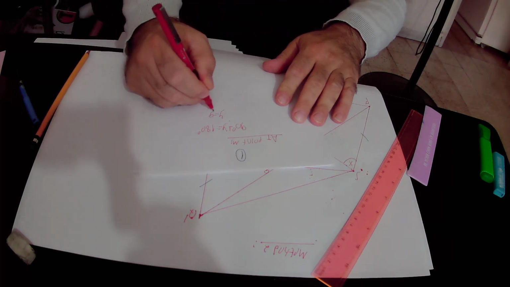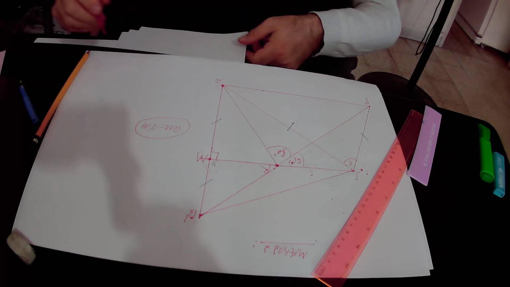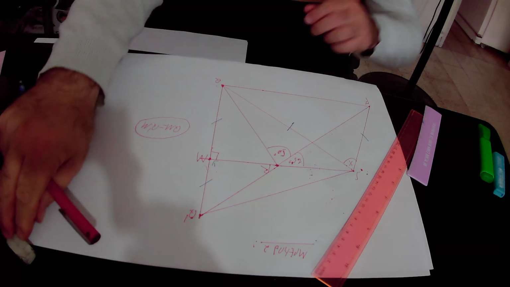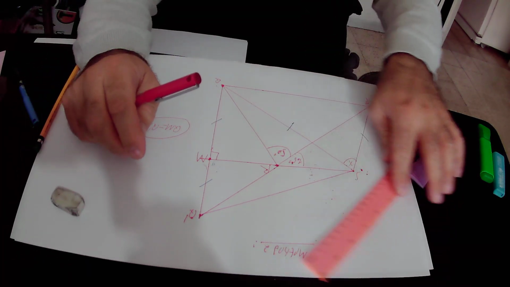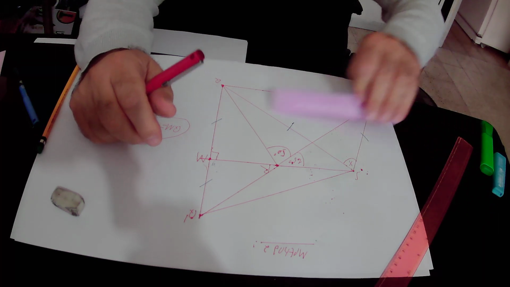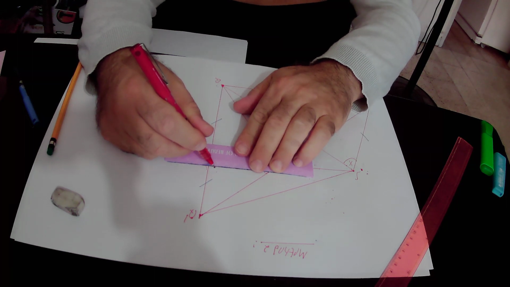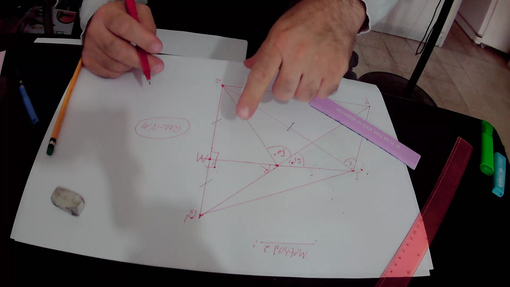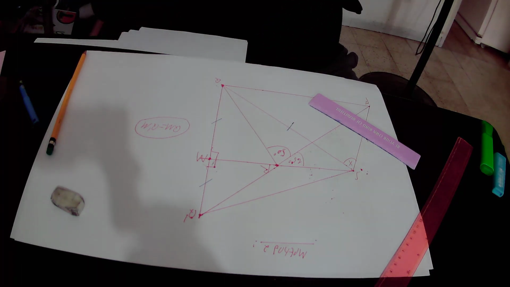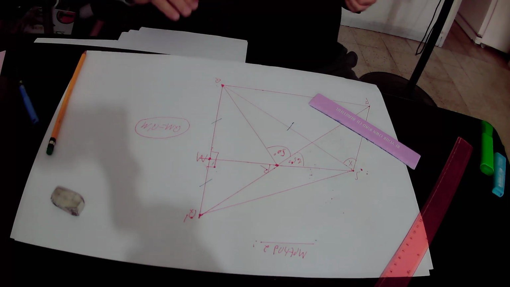So angle Y is a right angle. And we also know that Q dash M equals QM. That is true according to our construction.